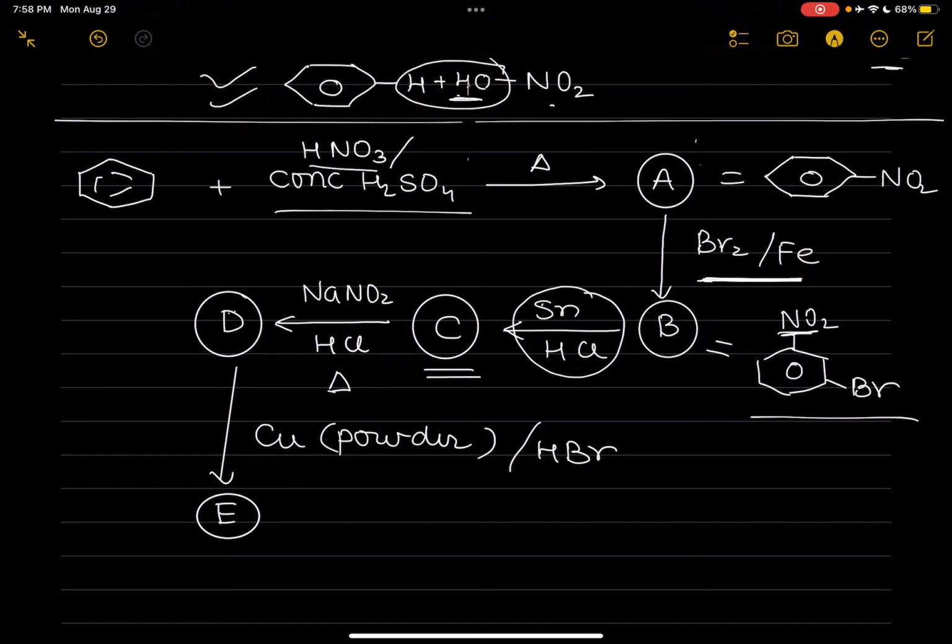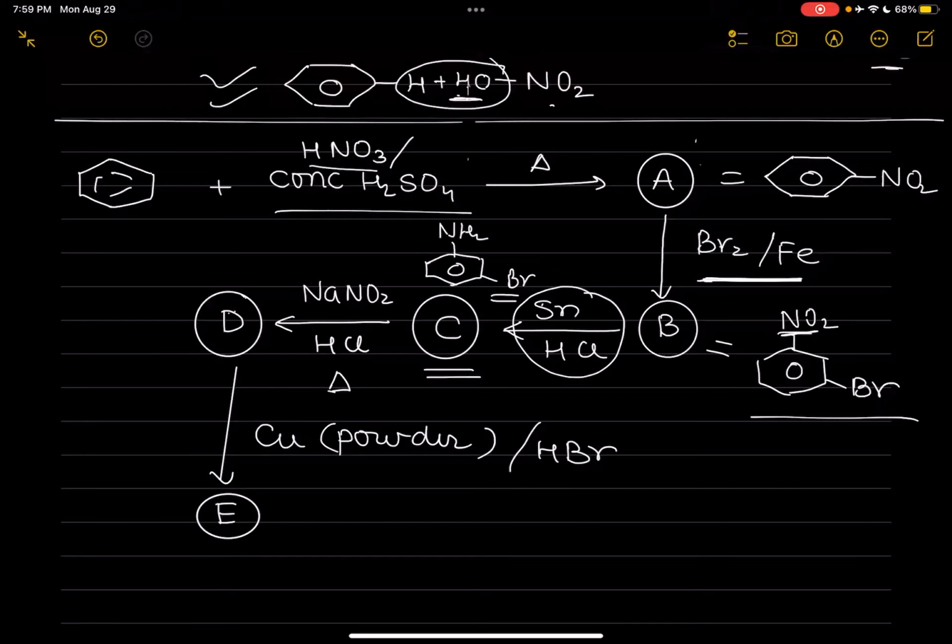NO2 will get reduced to what? NH2, aniline. So this is meta bromoaniline. Okay. Anushka, is it clear? C.